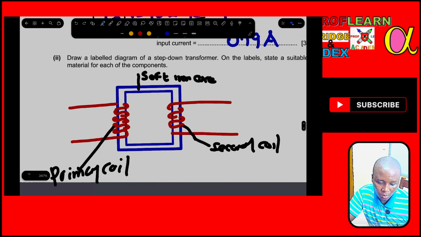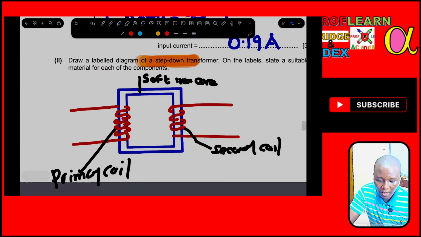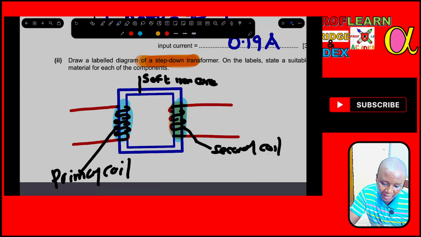Students were told to draw a diagram to represent a step-down transformer, and what students were supposed to remember is that a step-down transformer must have fewer turns in the secondary coil, but more turns in the primary coil.